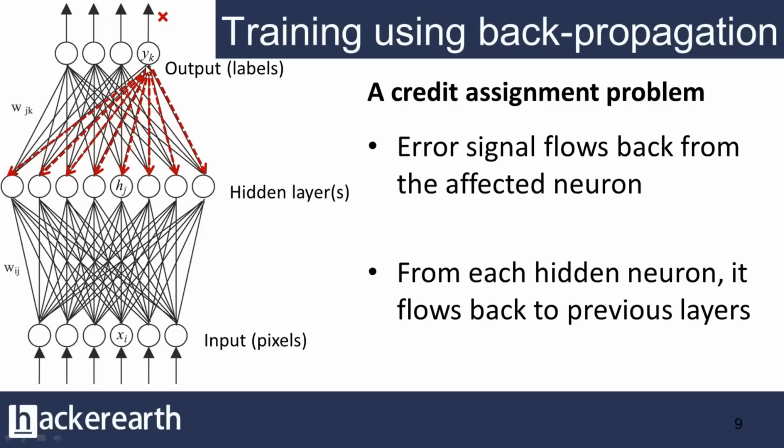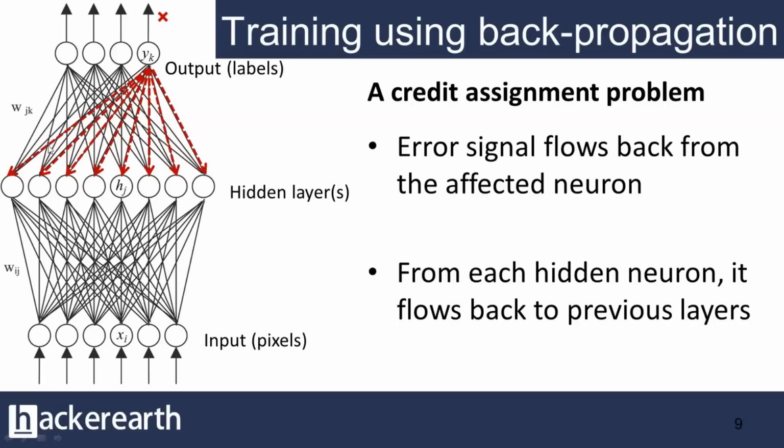Now the problem with this is that this error signal that passes back, now if you look at one particular weight here that connects, let's say, xi to hj, how do we know how much credit, how much weight, or how much contribution it has in the error?